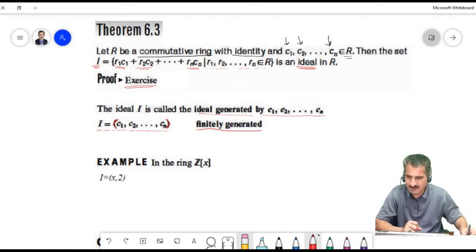This is what I just said in here. In the ring, the ideal that consists of all polynomials with even constant term. Let me write it here.